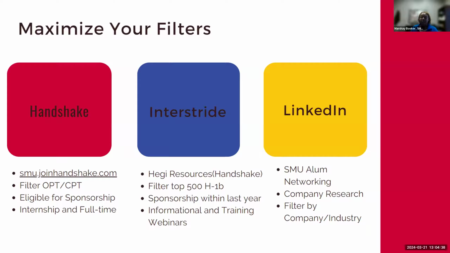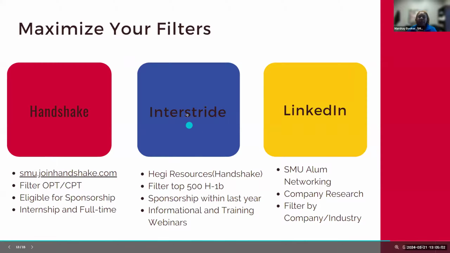In Handshake, like I said, you can use the SMU collections where you can see what's popular within the community or which companies hire more SMU students. There's a lot of different filters you can use. Through Handshake, you can filter CPT and OPT, and you can filter out those who are eligible for sponsorship. And there are full-time and internship opportunities available via Handshake.